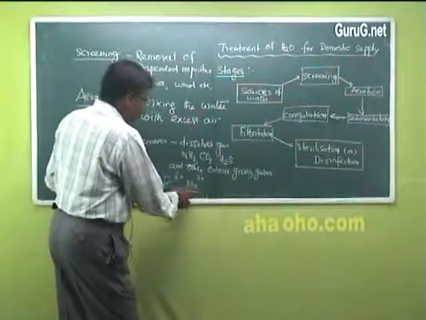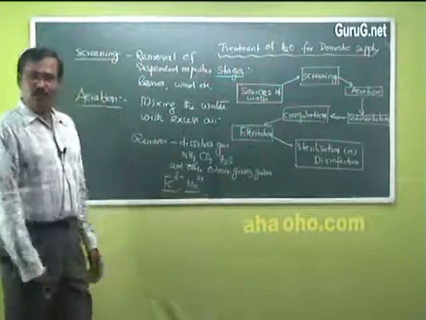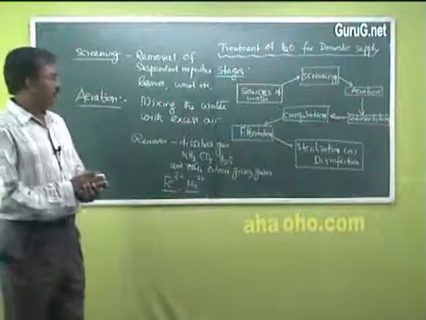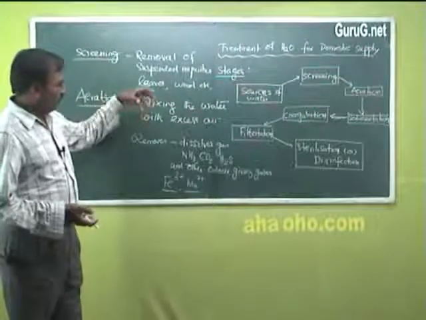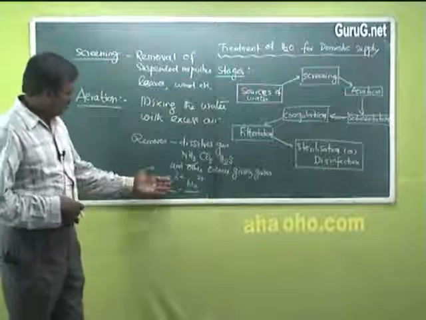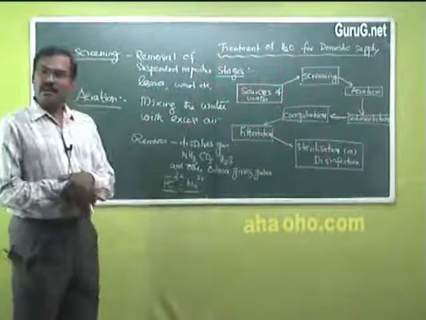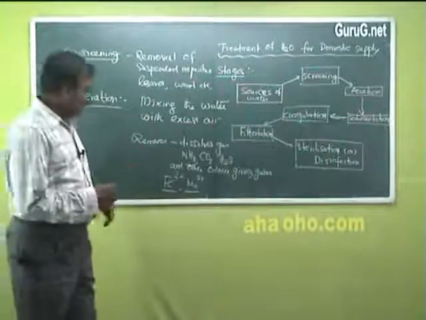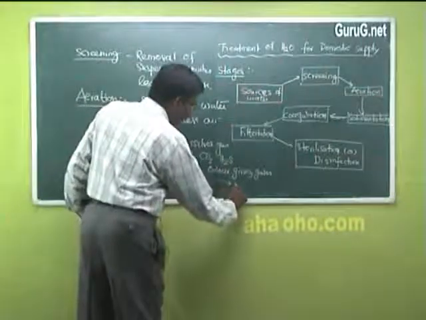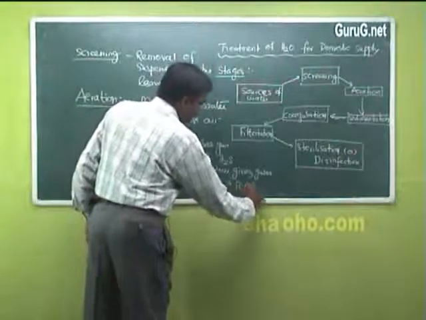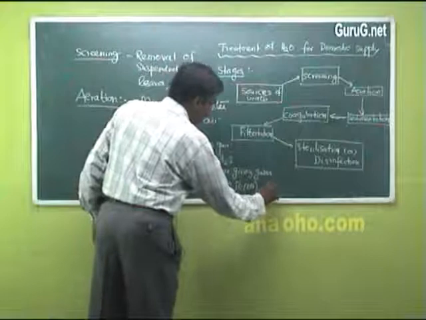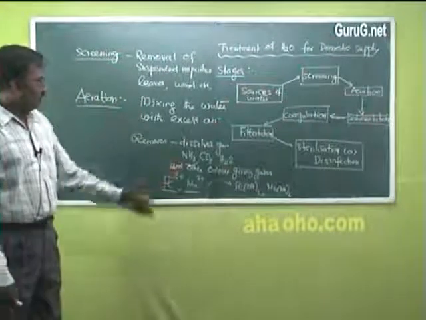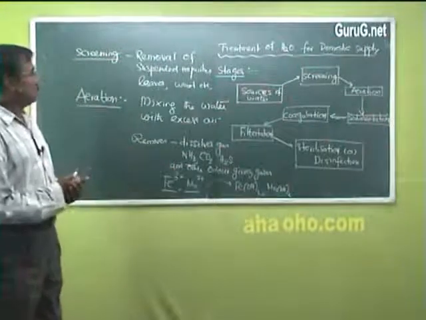These are in soluble form in the absence of excess air, whereas when we pass air, this Fe3+ and manganese are converted into the respective precipitates, so they can settle down. As hydroxides, these are insoluble.